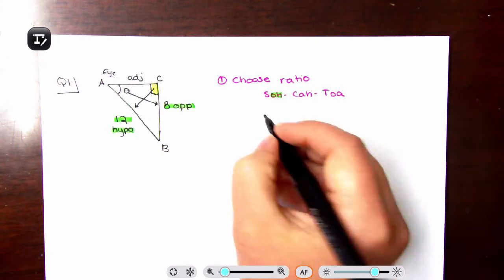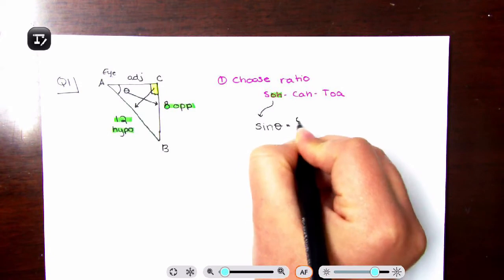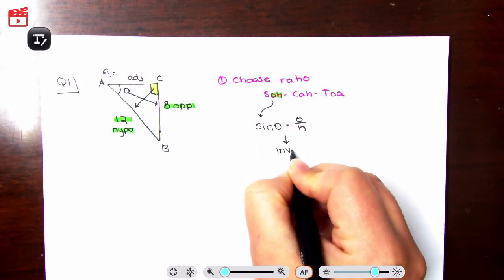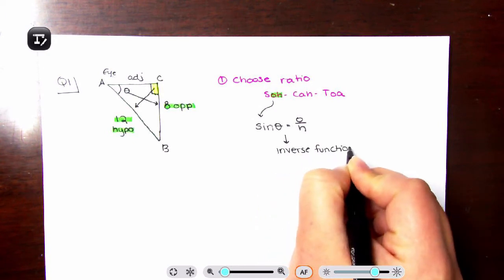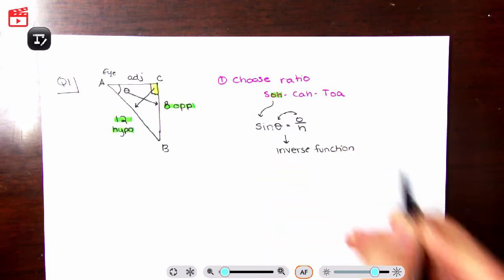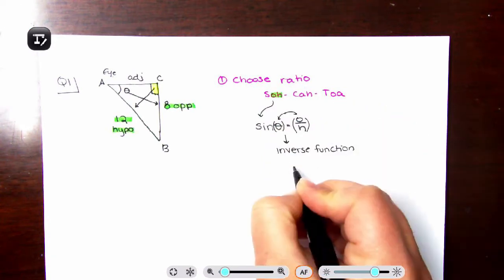So what do we know about sine? Well, usually we have sine of theta is equal to opposite over hypotenuse. But now we're going to be using the inverse function. The inverse function says, take your input and your output and switch them. So the input was theta, the output was the ratio. Now we're going to flip it.